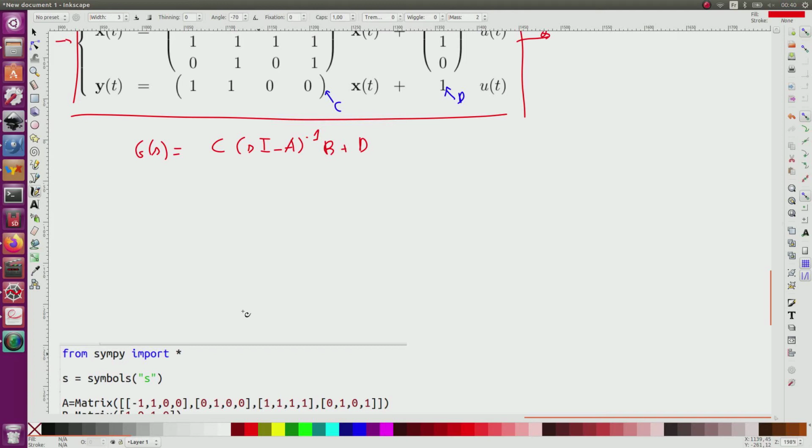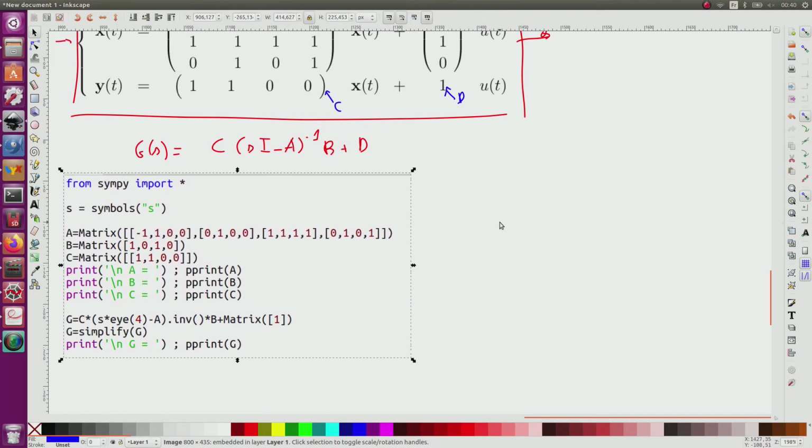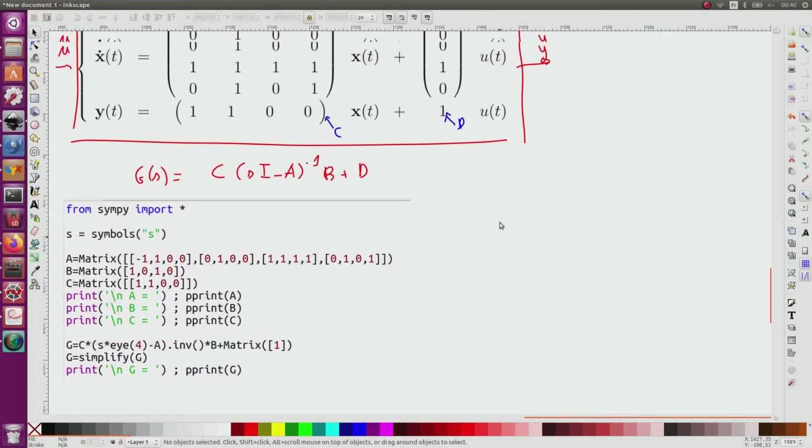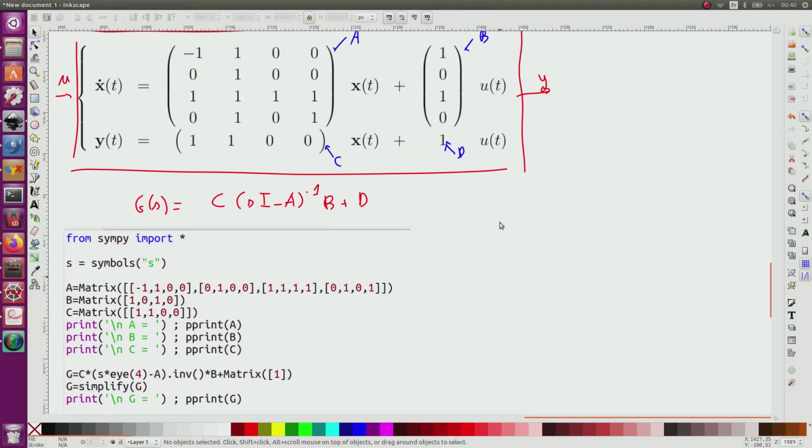And I propose to use SymPy for this in Python with the following program. I use SymPy, and the symbol that will be used is s for the Laplace variable.